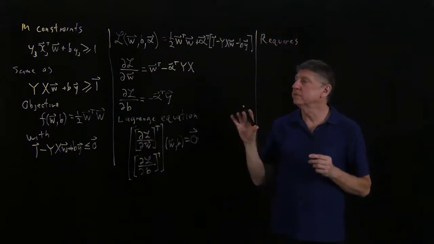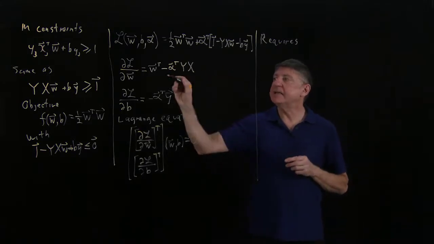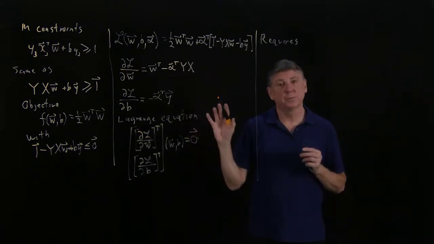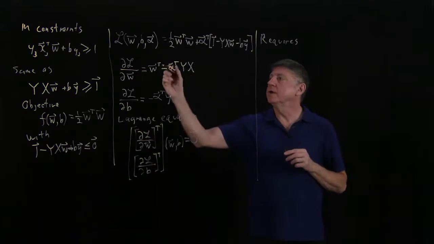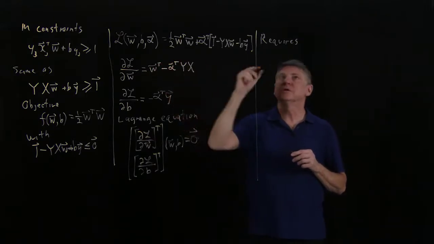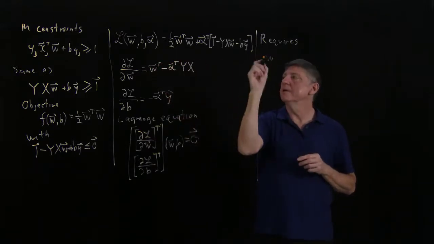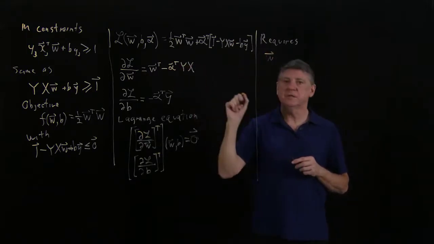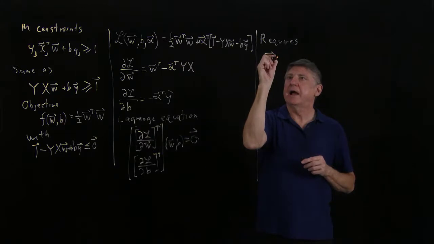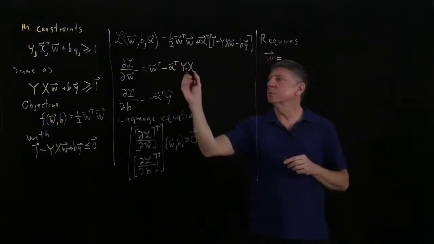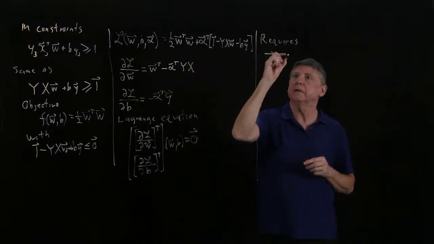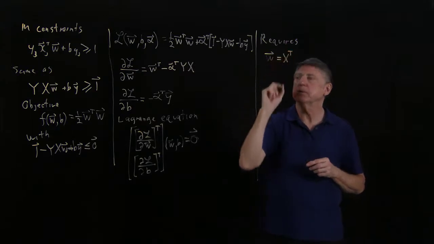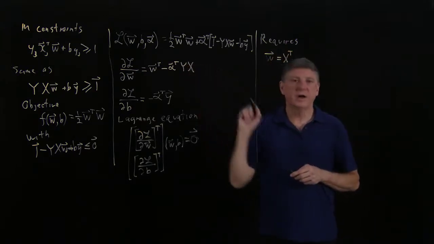But now we'll simply say that at a stationary point, whether it's an optimal stationary point or not, if this equals 0, then the weight vector, when we transpose this, has to equal x transpose, and then y transpose.